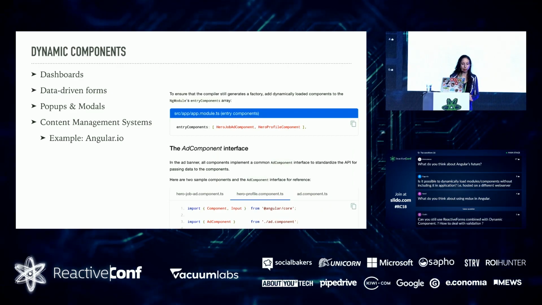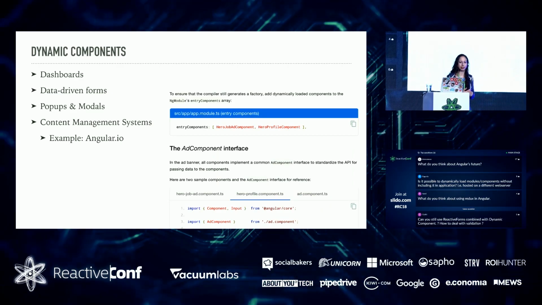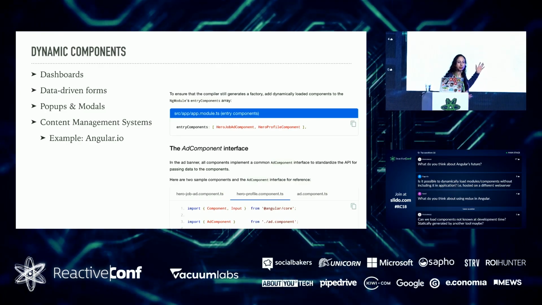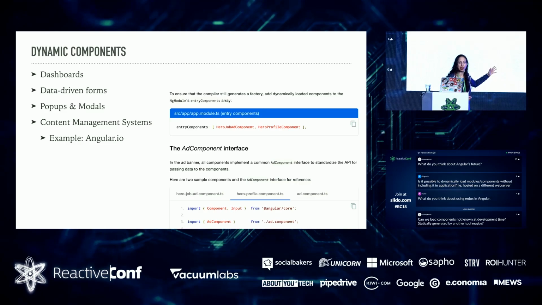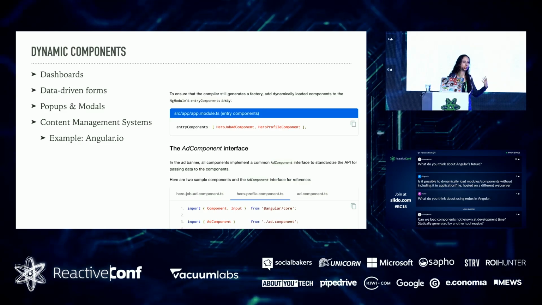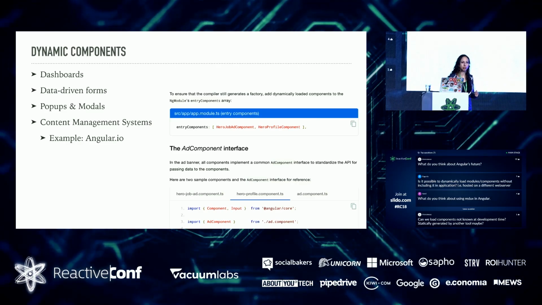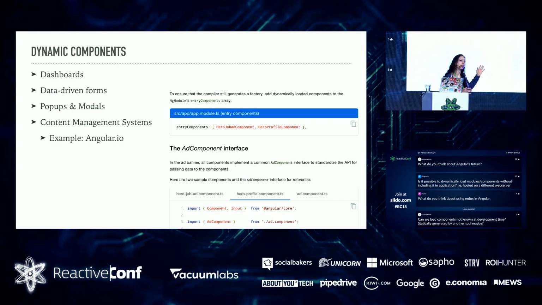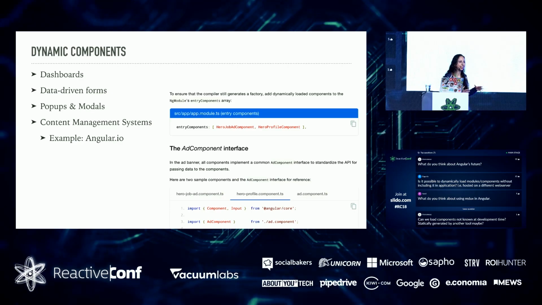Content management systems, and a great example for that is the Angular documentation, angular.io. They have a bunch of dynamic components that they just give content to, and the application actually can read the source code of Angular.